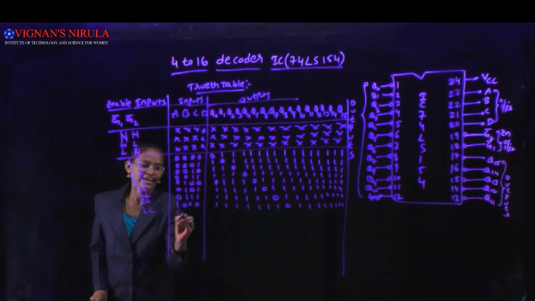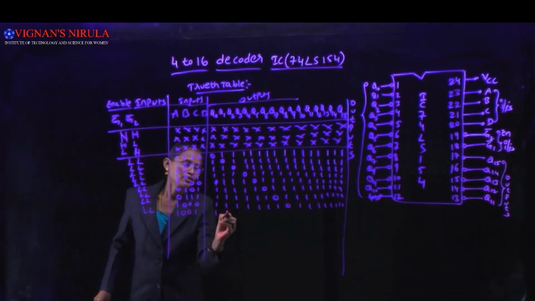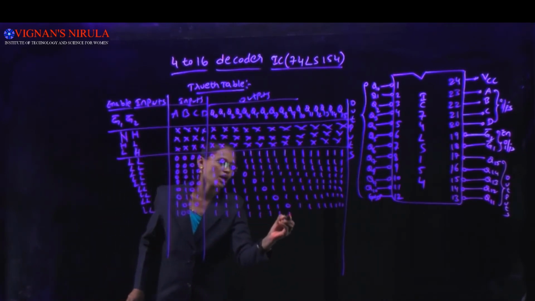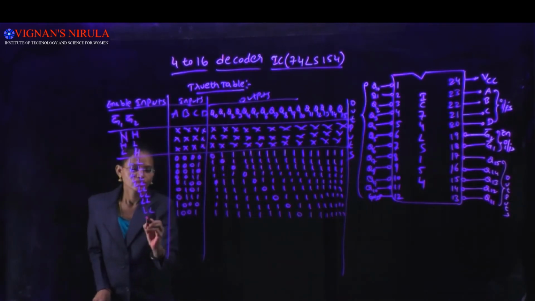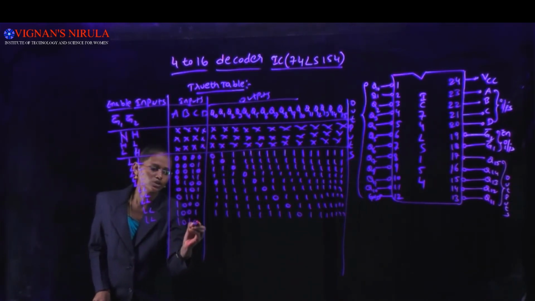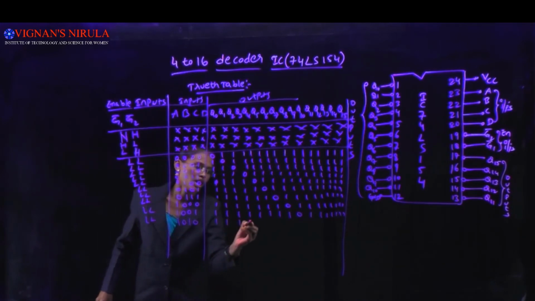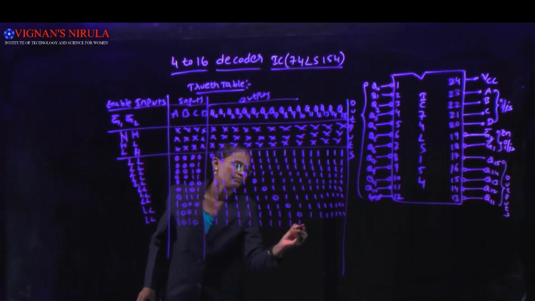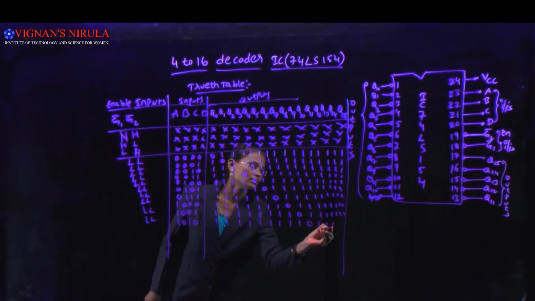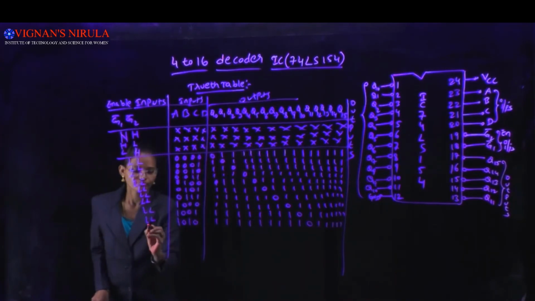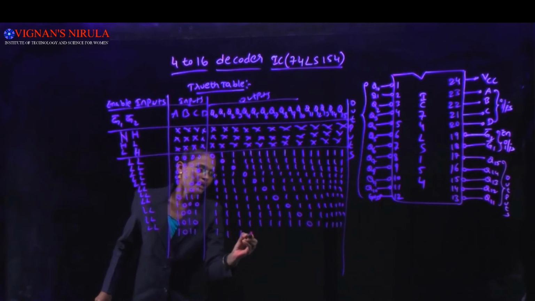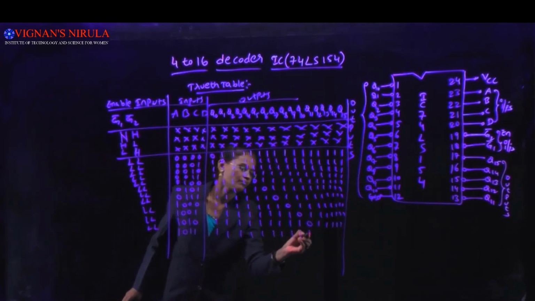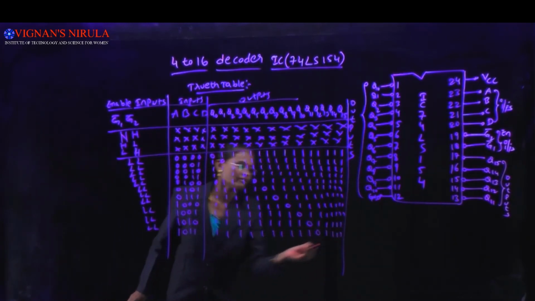And next 9, Q9 output is low and remaining all are 1s. And next 1010, that is 10, Q10 output is low and remaining all are 1s. And next 11, Q11 output is low and remaining all are 1s.